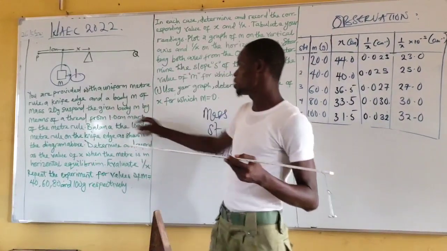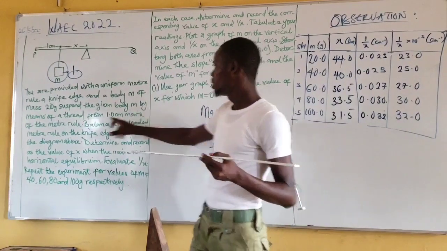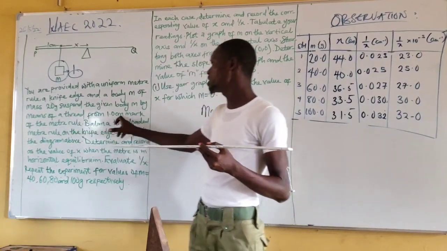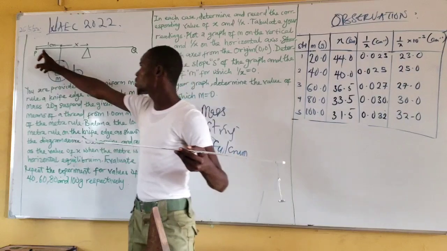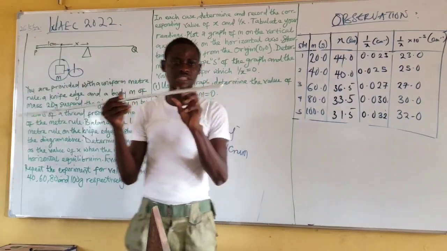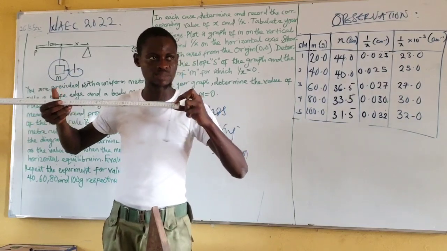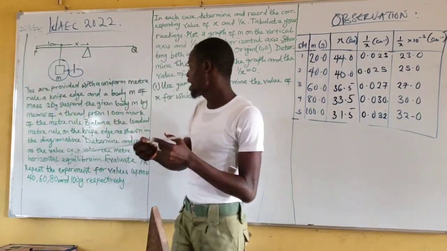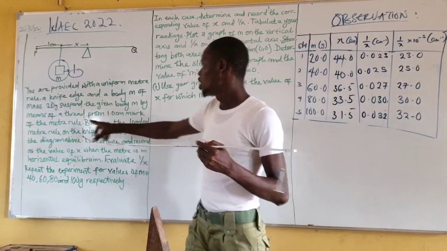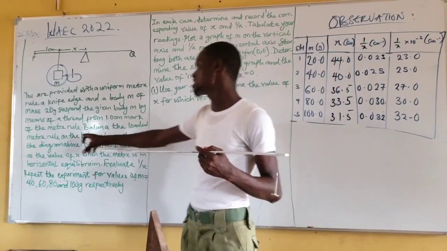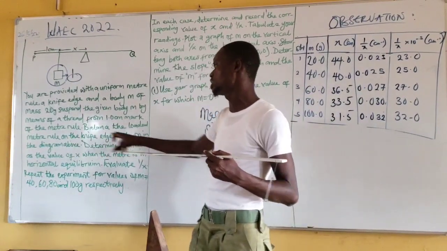Now, the experiment says, by means of a thread from the 1.0 centimeter mark. This is my 1.0 centimeter mark on the meter rule. We are asked to suspend the meter rule and balance the loaded meter rule on the knife edge as shown in the diagram.